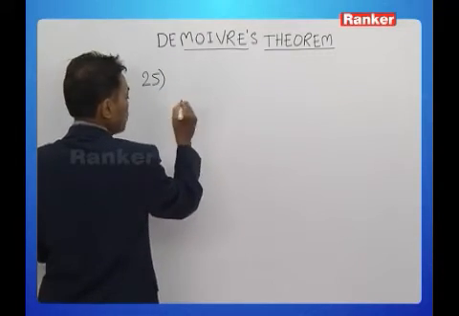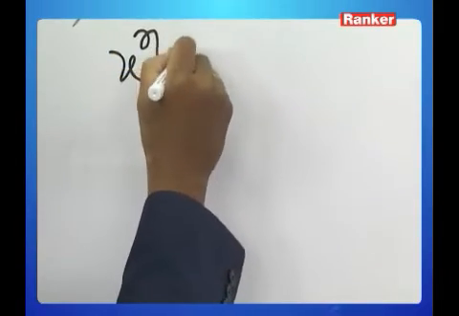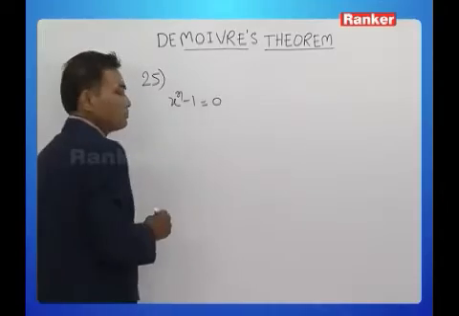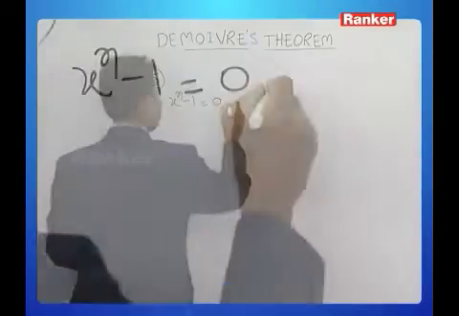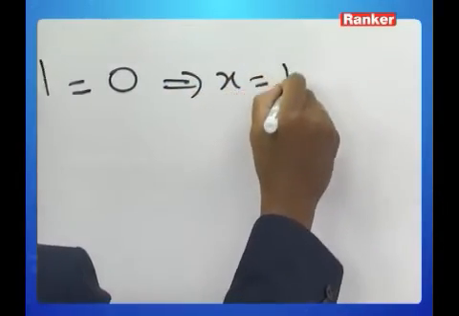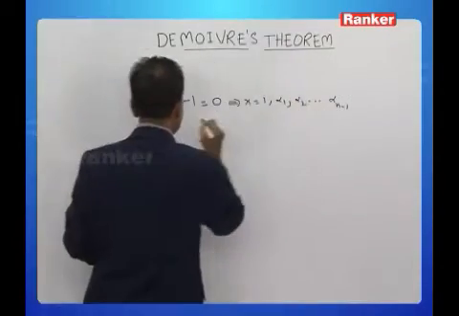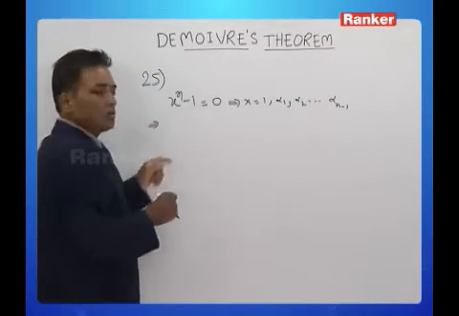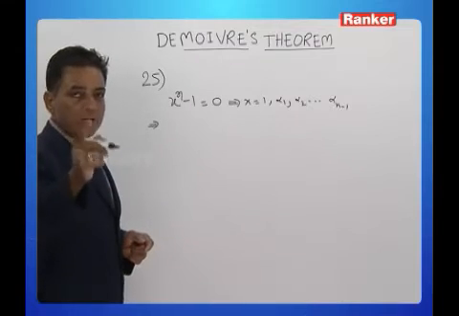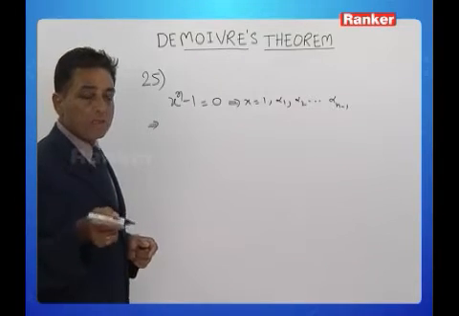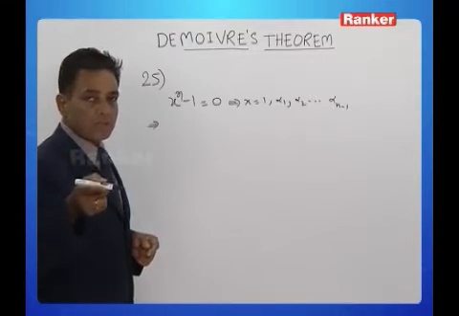Now we know the nth roots of unity satisfy x to the power of n minus 1 is equal to 0. For this, the values of x are given by 1, alpha 1, alpha 2 up to alpha n minus 1. Suppose you know the roots alpha and beta, how do you write the equation? x minus alpha into x minus beta.